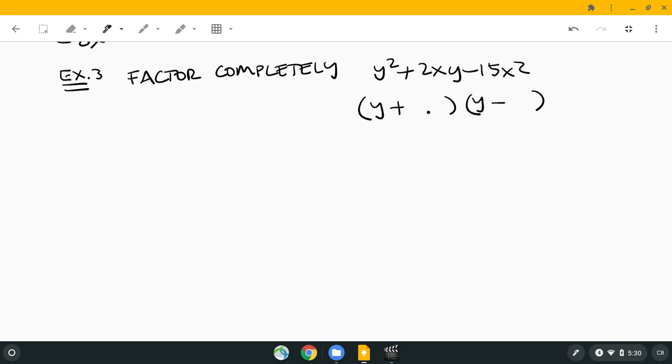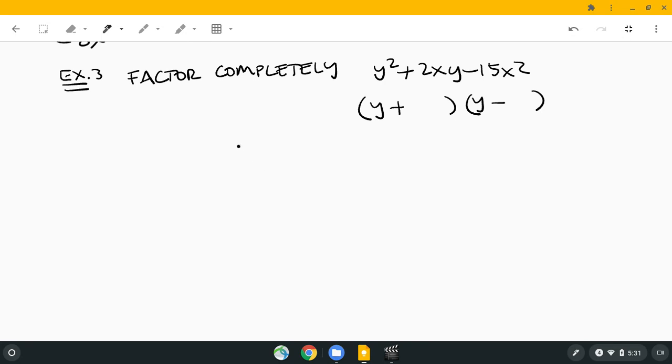If we have them in the wrong place, it's an easy fix. You're trying to get 2xy for the middle term. If you end up with negative 2xy, then all you have to do is switch these signs. If you're off by the number completely, then that's not the right combination.